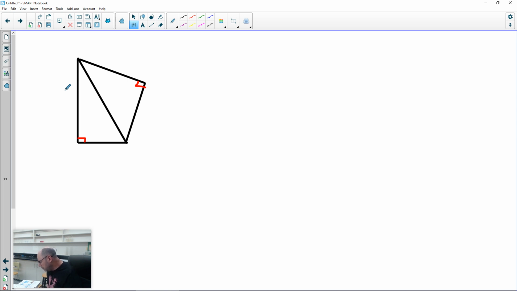And then we knew that, let's say this top side here, or this bottom side, we'll go with the bottom side, is 4.8 centimeters. Okay, and then we had this angle down here. Let's say that this angle was about 62 degrees.